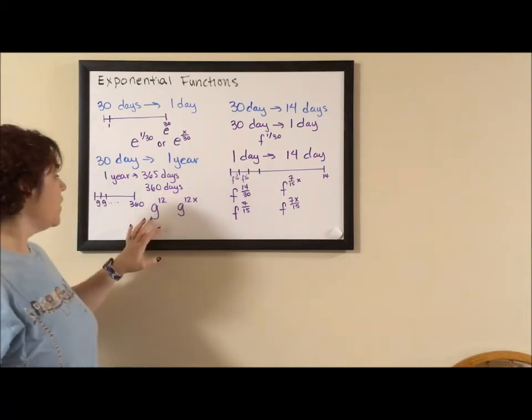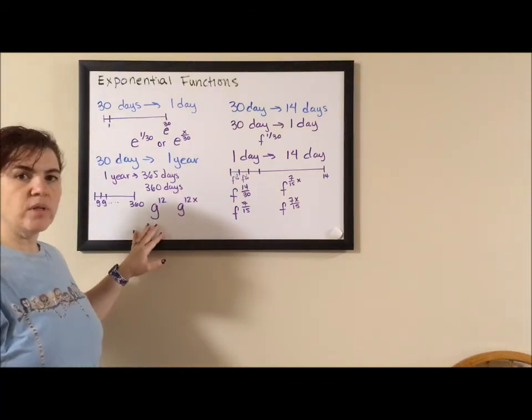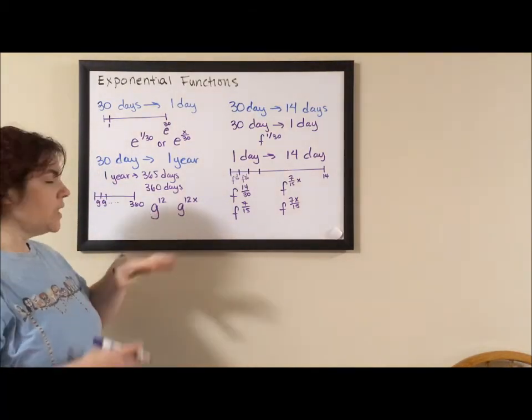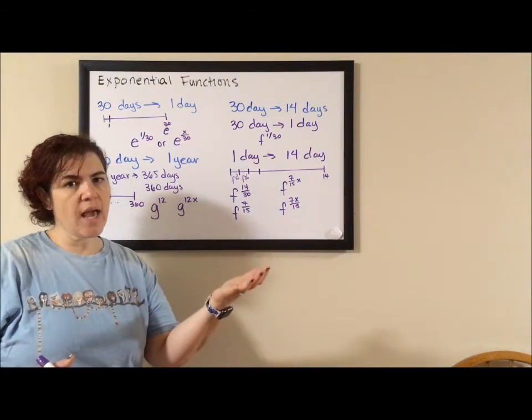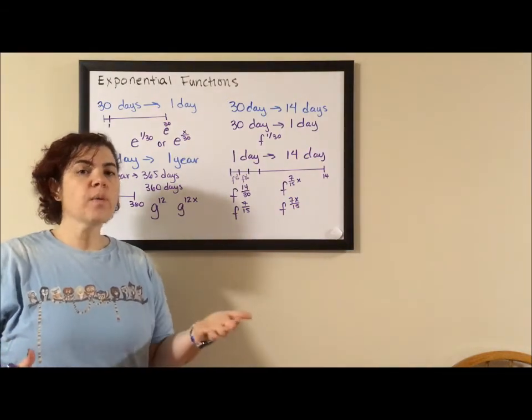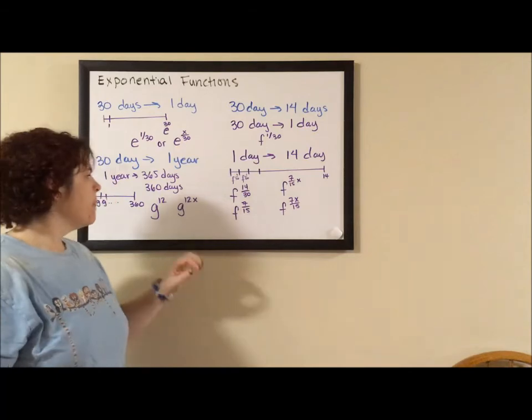You really could. If g was 1/2, you could take 0.5 to the 12, get a new number, and take that number to the x and just have a simple formula that was what you're used to seeing.